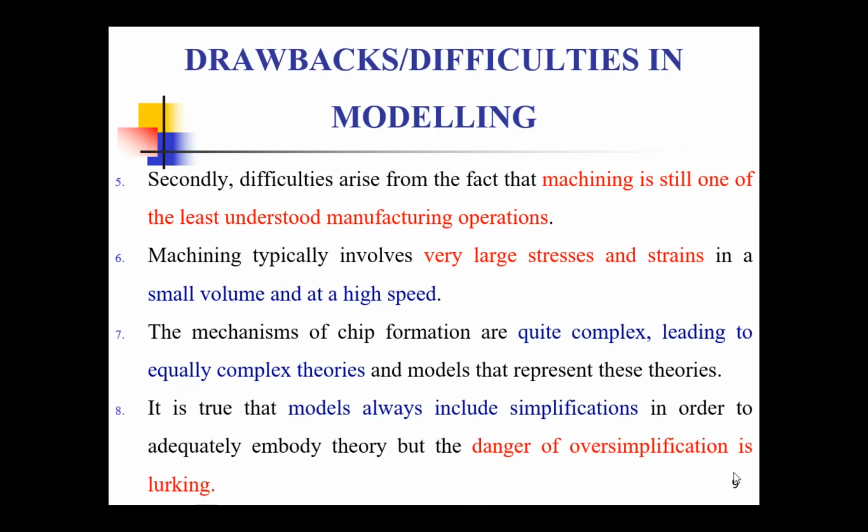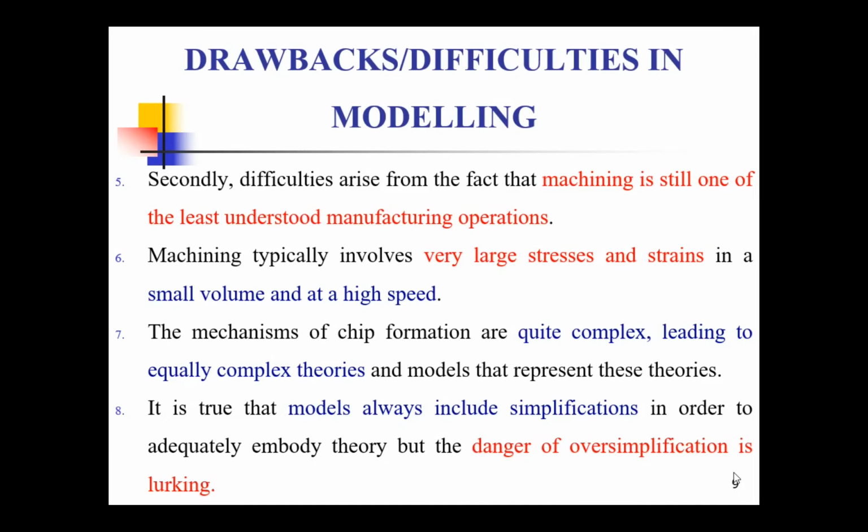But whenever we develop a model, we assume some things. Whenever there are complex things, we assume them as constants. That is, we are making it easier to model a realistic process or system. Models always include simplifications, but oversimplification is lacking.